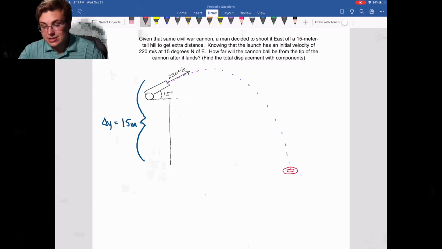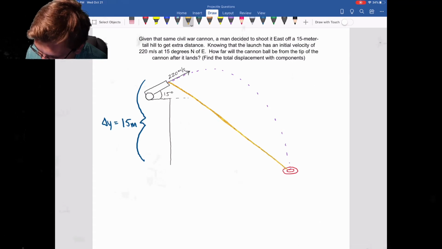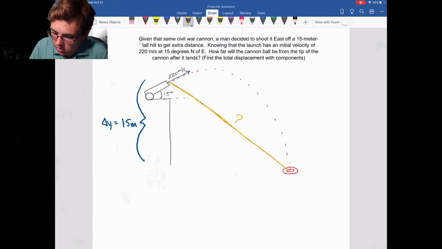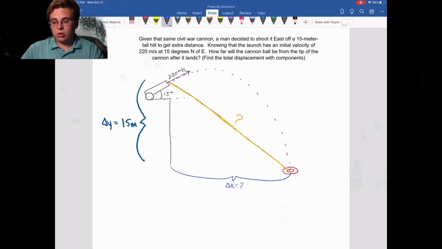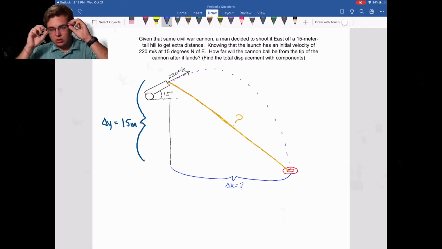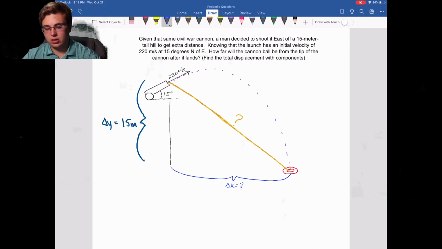What we're looking for in this case is this distance right here, and we're also going to be looking for this distance right here. So our change in x equals a question mark as well. So we're looking for 2 different things here. We want to find that displacement directly from the tip of our cannon to where it lands.